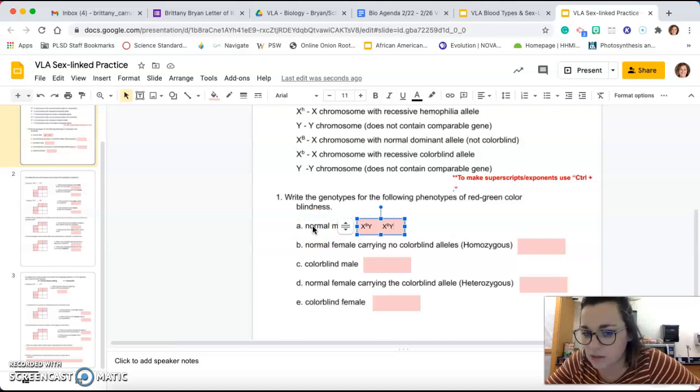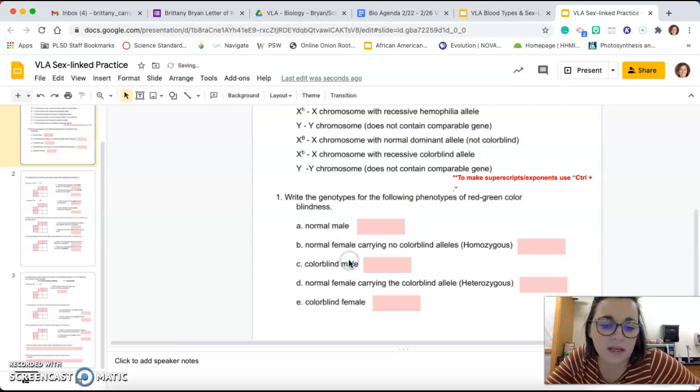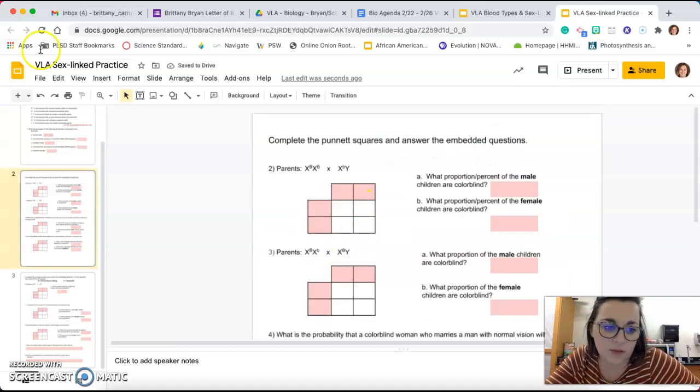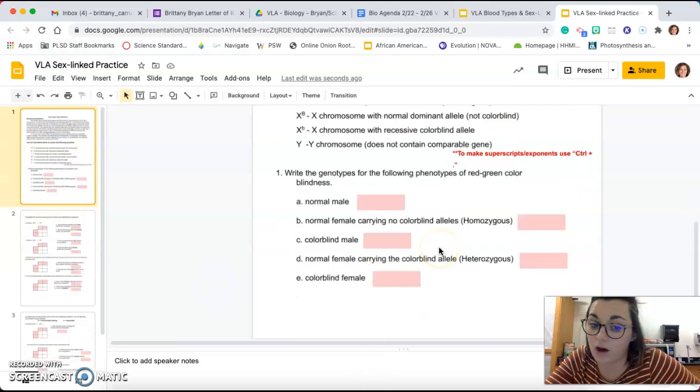Just make sure that you switch it back. So I just wanted to show you how to do that one. And then you're going to do all of these genotypes.